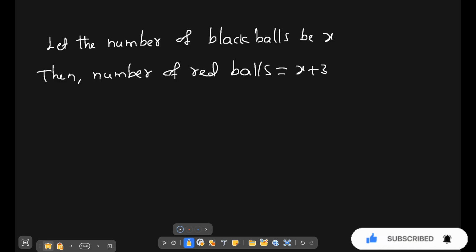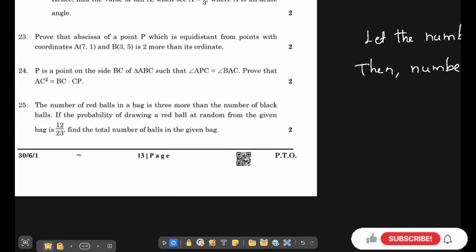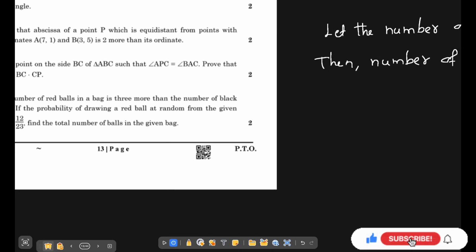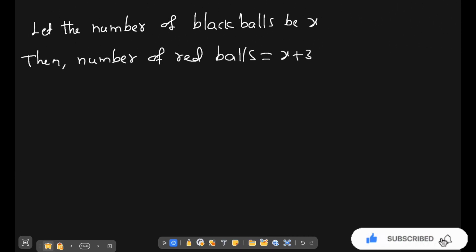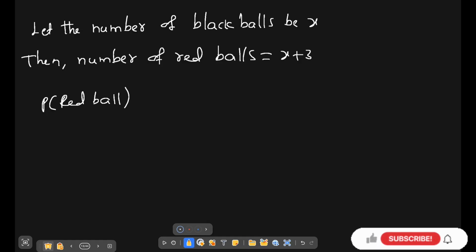What is given? It is given that the probability of drawing a red ball is 12 by 23.